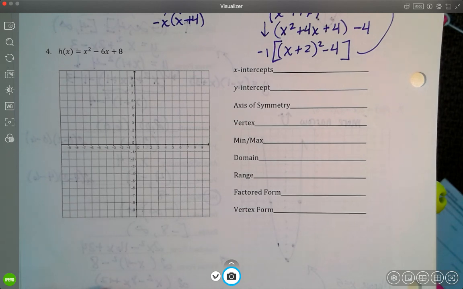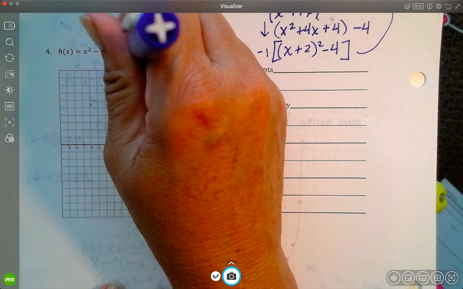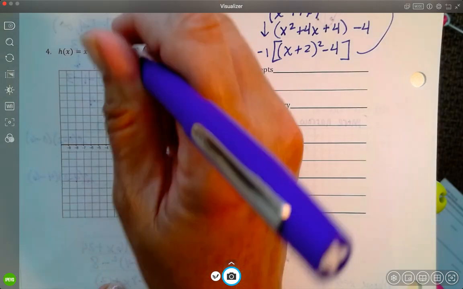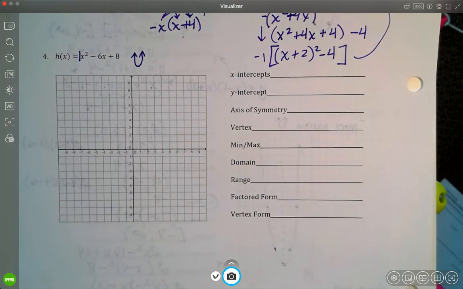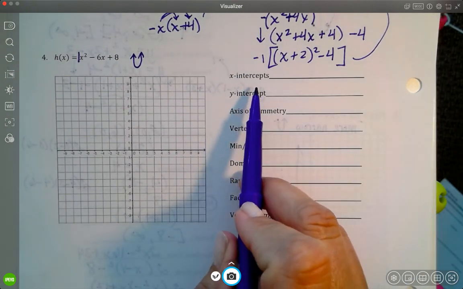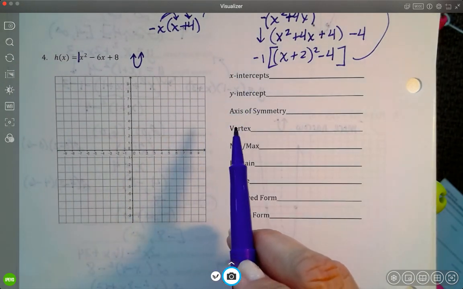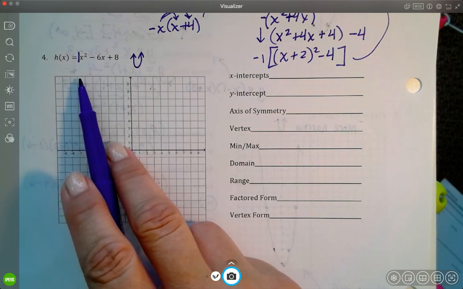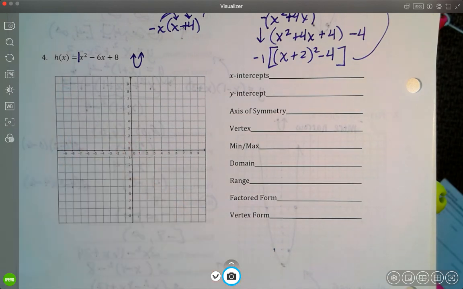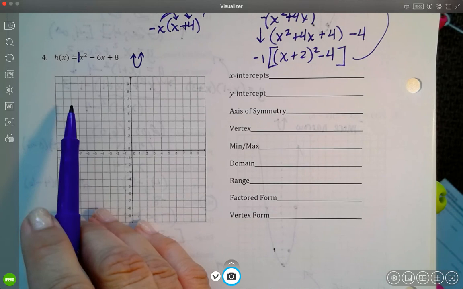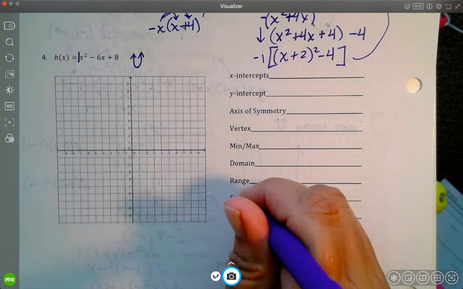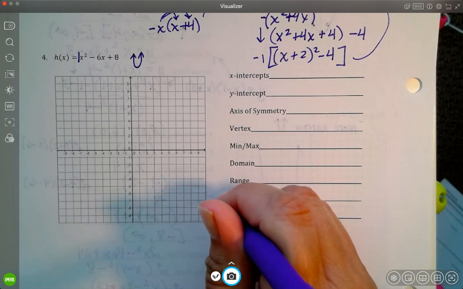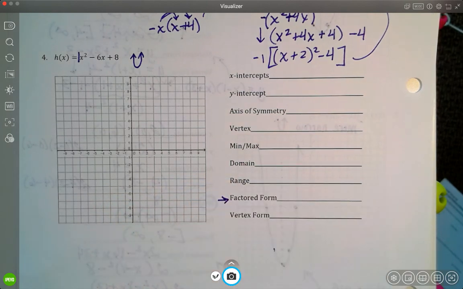Okay, so I know that this opens upward because a is positive. So that's the first thing. My x-intercepts are when y equals 0. I can go ahead and plug in y equals 0 and solve, but it's going to be helpful if I find factored form first, because that'll easily give me my x-intercepts.